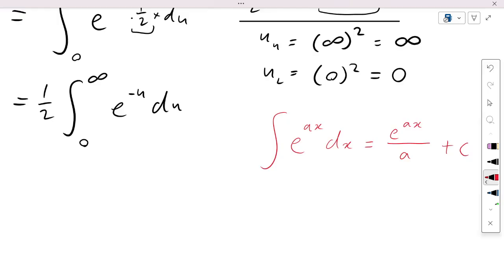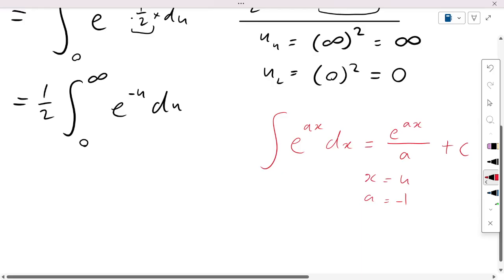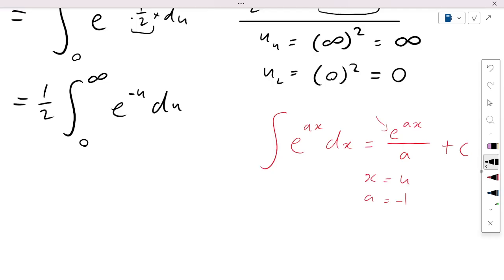So that's what we have. So we need to do it in that same formation. What is our a value? So let's just write this down like this, right? Our x is just actually equal to u. Our a value is equal to negative 1. Do you note how this is negative u? So that's just also negative 1 times u. And then we have e over here. So that means we can just replace our values accordingly.